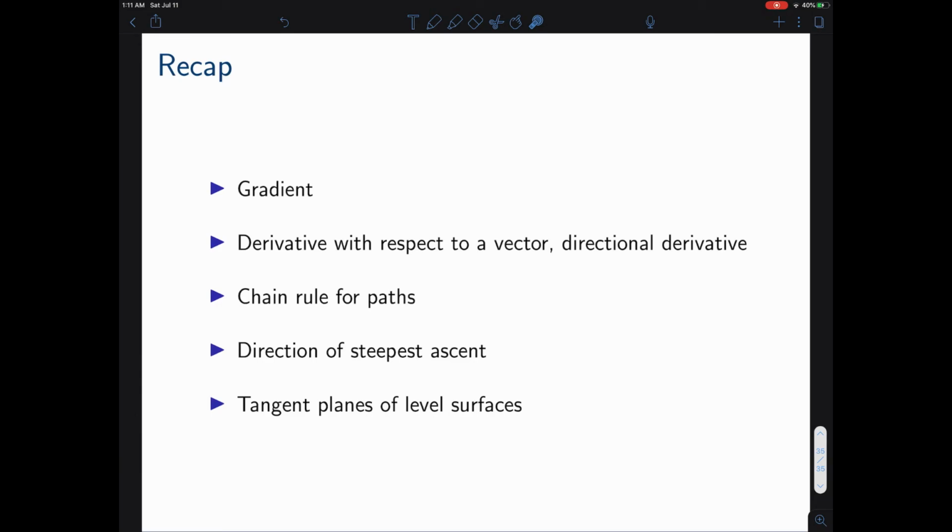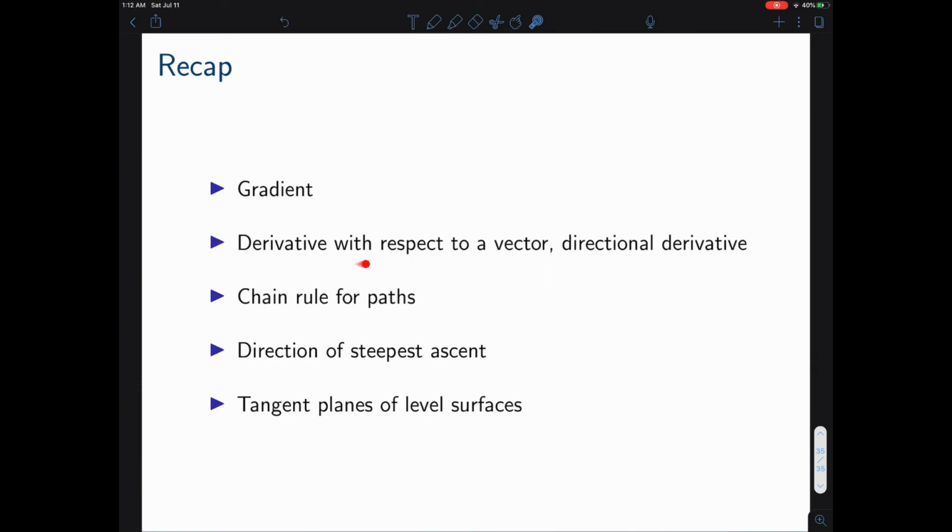Okay, so that brings us to the end of the section. Just to recap, because we covered quite a number of items here, we introduced the gradient and we said what it is. It's a vector whose entries are the partial derivatives of a function.